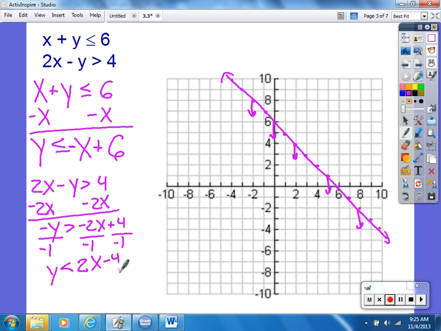You remember to switch your sign? Okay, and now solid or dotted line? Ah, you remember to do that.